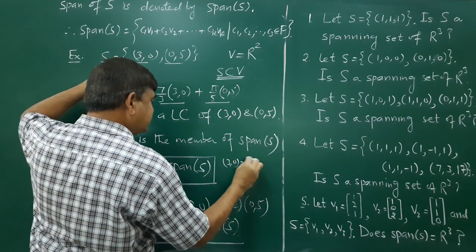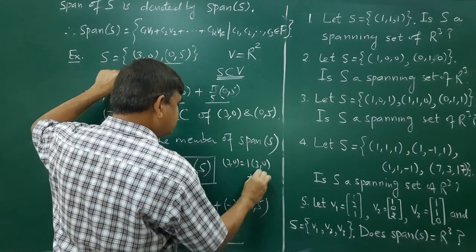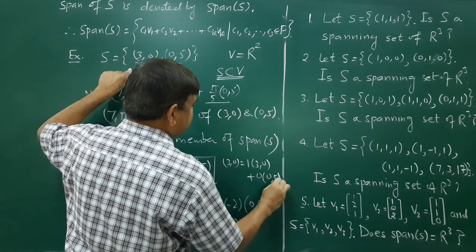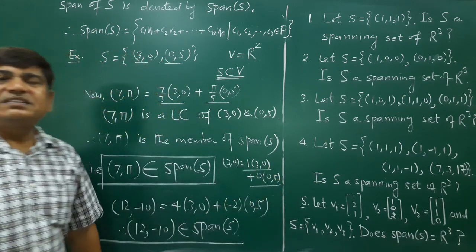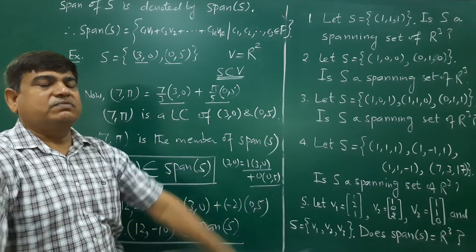I can write it as 1 times 3 comma 0 plus 0 times 0 comma 5. You can say 1 and 0 are the scalars. So 3 comma 0 is also a member of the span of this.